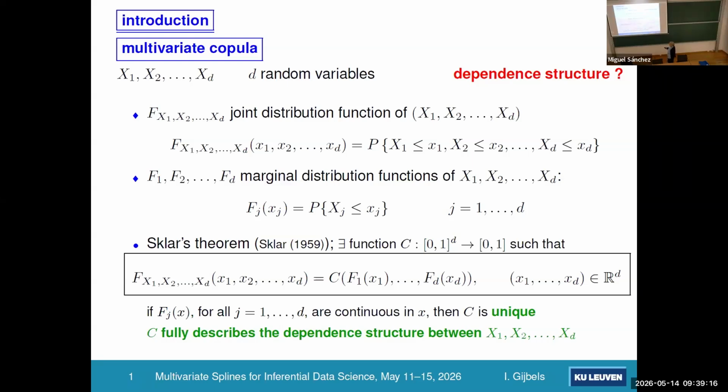So the setting that you have is that you have D univariate random variables, and you're interested in the dependence structure between these D components. So think, for example, in finance, you have a portfolio, and the X1 to XD are the components in your portfolio, and of course they're dependent.